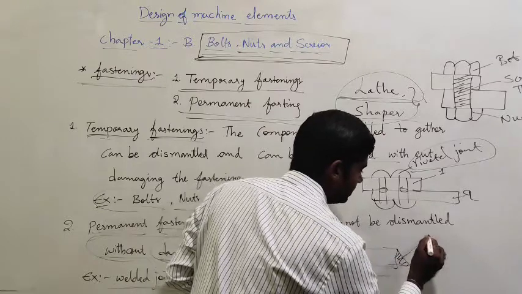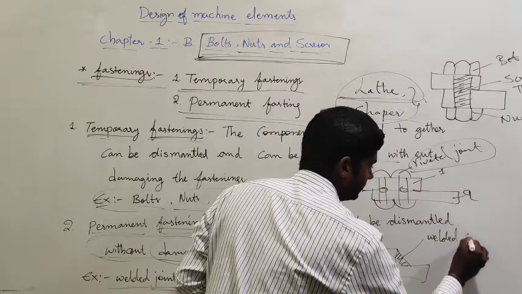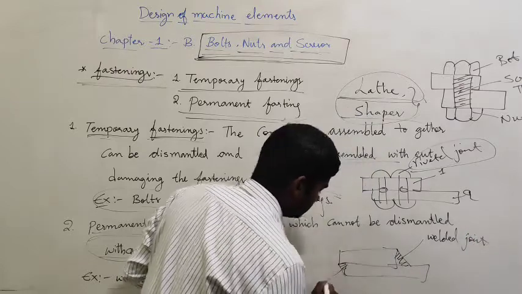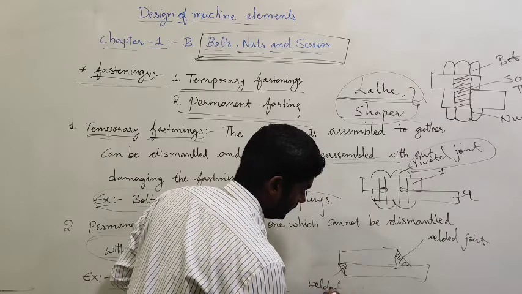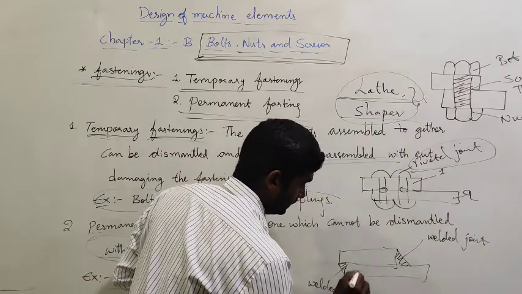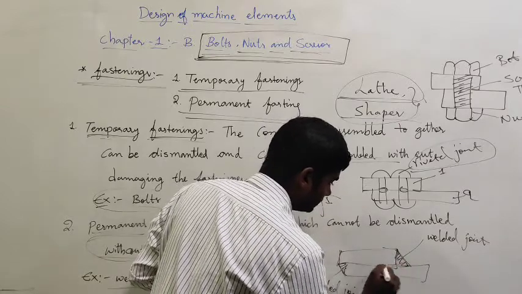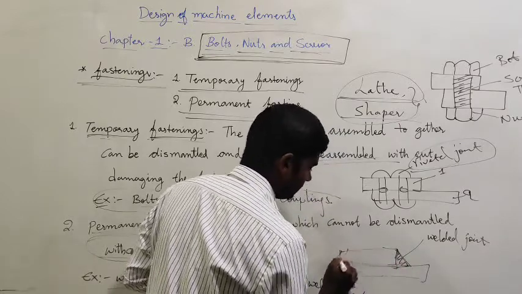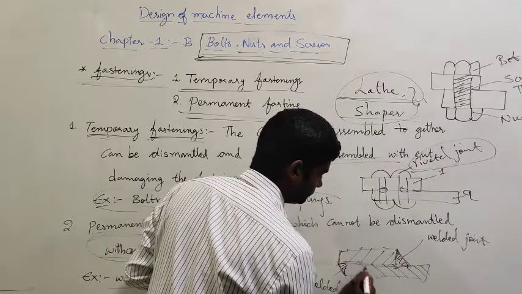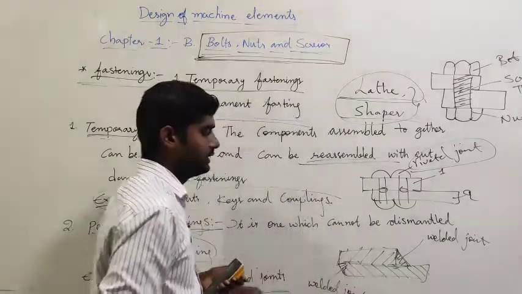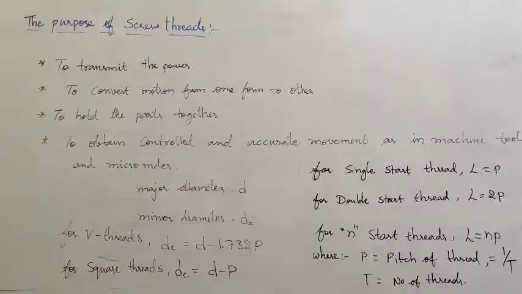This is welded material. This is also a welded joint. This is plate 1, another material, and this is also another material. Okay, this is a welded joint.